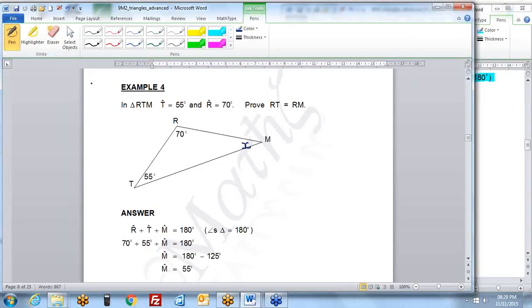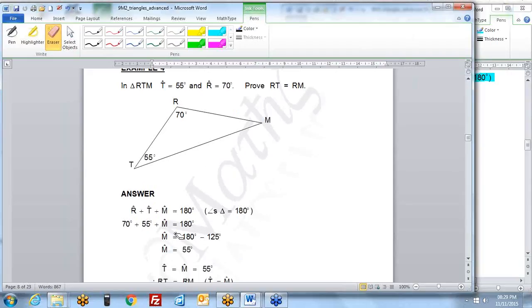You're going to work it out now. So 70 plus 55 plus angle M equals 180 degrees. You add these two together, 70 plus 55 gives you 125, and you subtract it from 180 to get the angle M, and angle M equals 55 degrees.